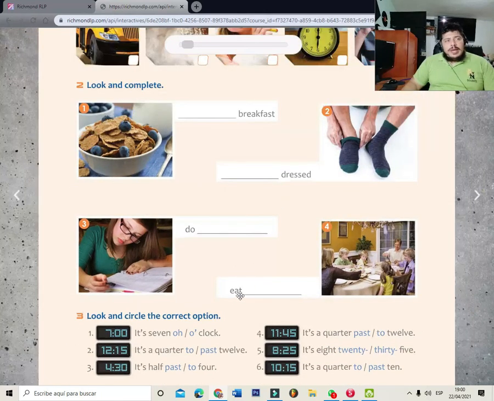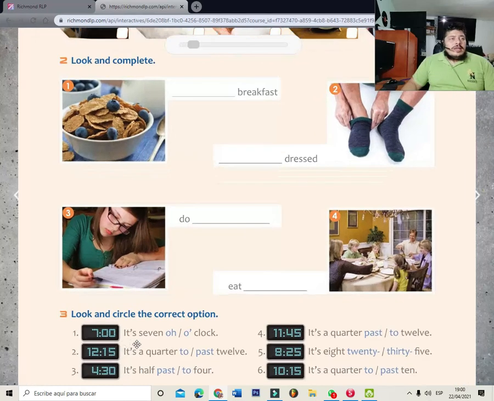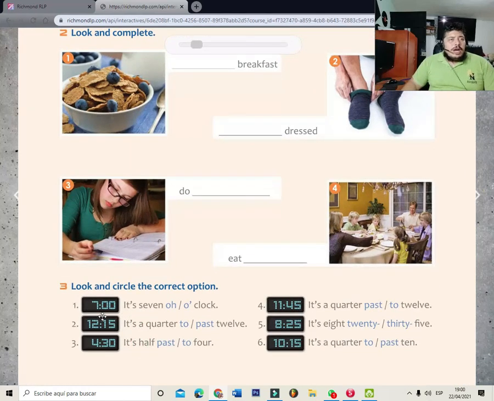And finally, we have number 3. It says look and circle the correct option. So what do you think? 7:00 or 7 o'clock? It's 1:45 or 12:15. It's half past or it's half, I don't know.